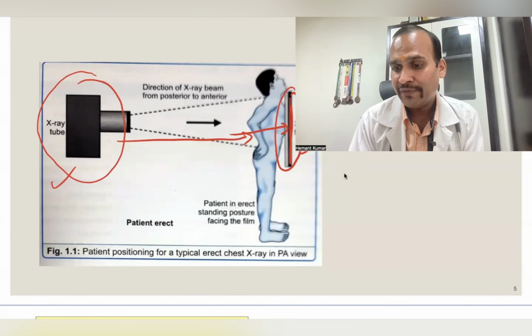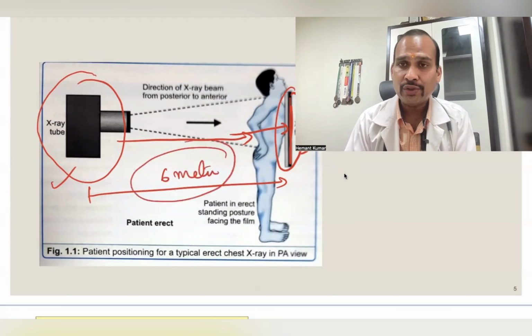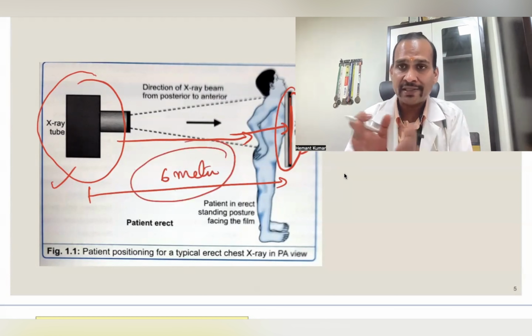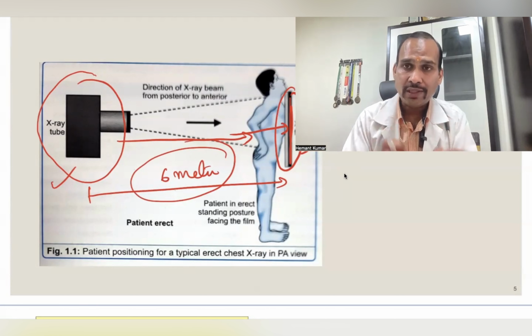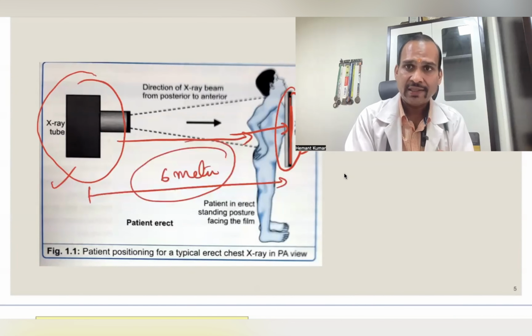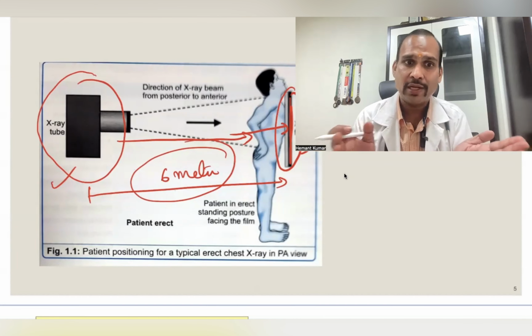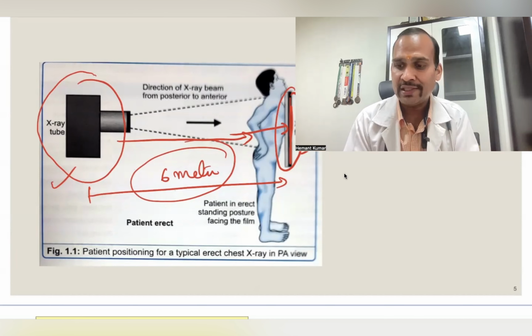The distance between the X-ray tube and X-ray film is around 6 meters, because 6 meters is the ideal distance at which we get the most accurate X-ray. If the distance is more than 6 meters, the organs will look small. If it is less than 6 meters, then organs will look large, pseudomegaly, like pseudocardiomegaly. So the distance is 6 meters.